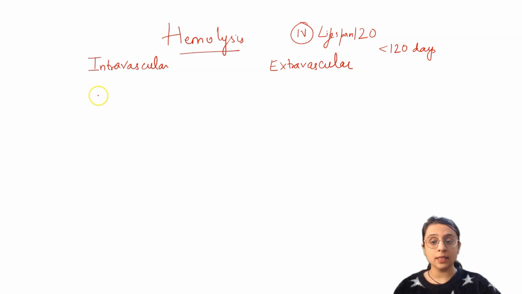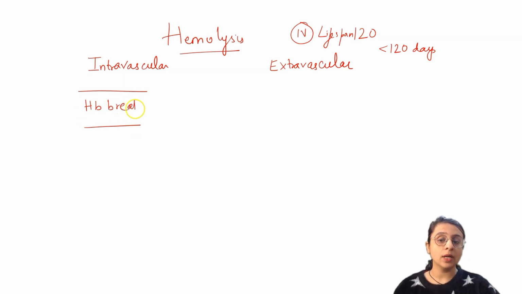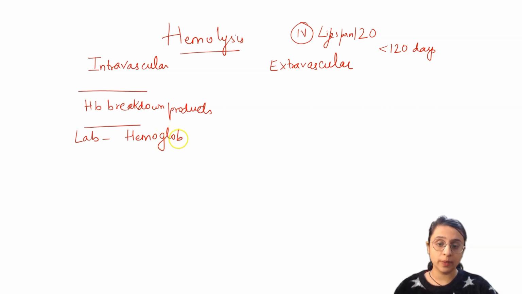Right, now when this increased breakdown is inside the vessels, that will release the hemoglobin breakdown products. ठीक है, क्या होगा? hemoglobin का breakdown products release हो जाएंगे. So that will be characterized by laboratory manifestations of hemoglobinemia. Very important, hemoglobinemia, hemoglobinuria.